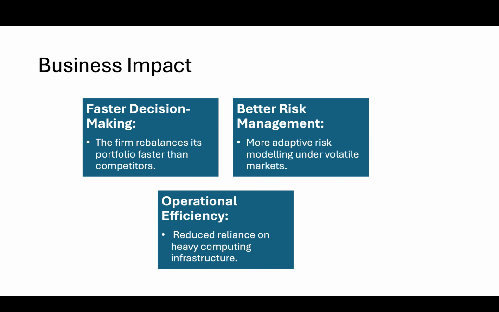Then, as part of the business impact, faster decision making: the firm rebalances its portfolio faster than the competitors. Better risk management: more adaptive risk modeling under a volatile market.